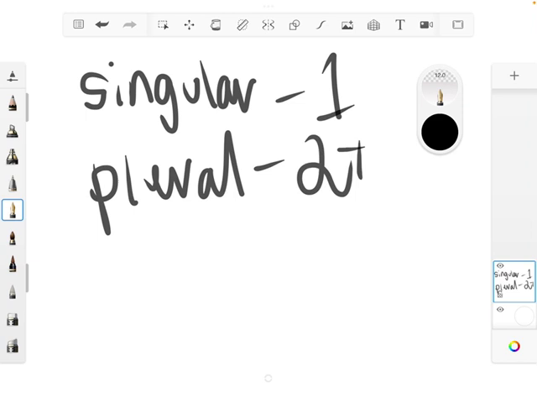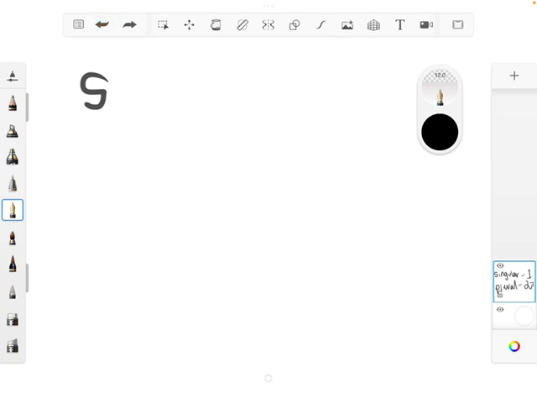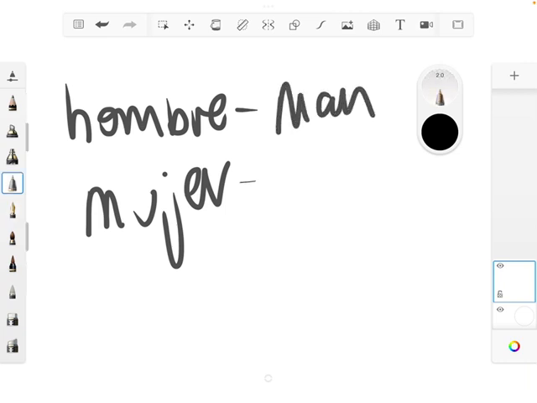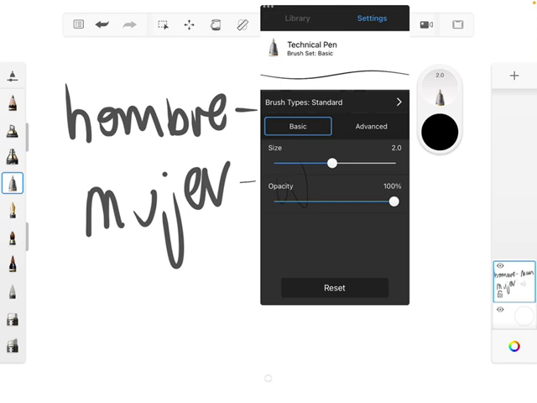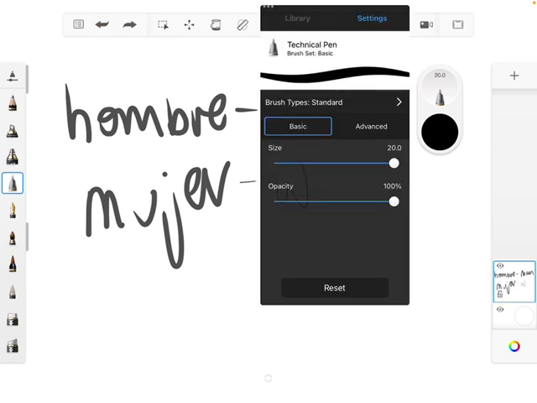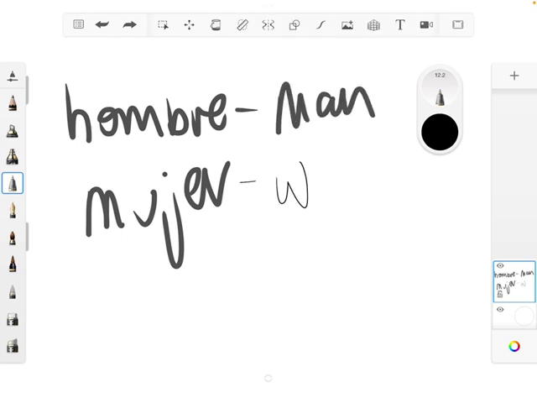Okay? If you look at the chart on page 12, you'll see they have one there with examples of masculine versus feminine nouns. So we have words like el hombre versus la mujer, where hombre means man and mujer means woman.